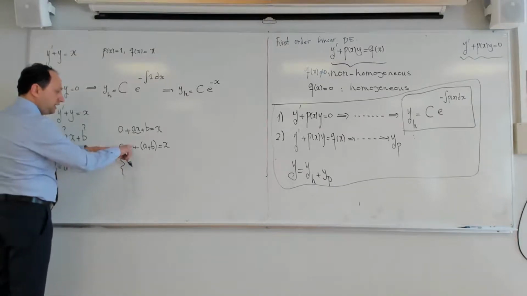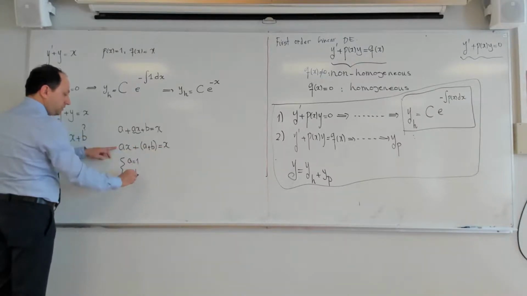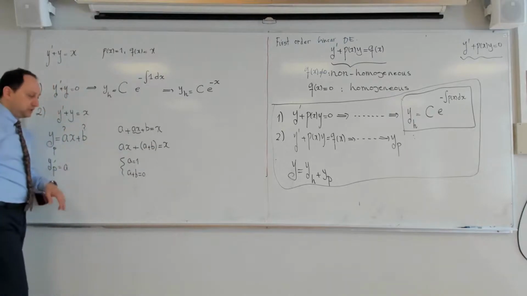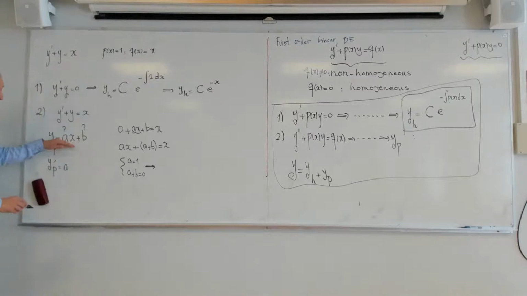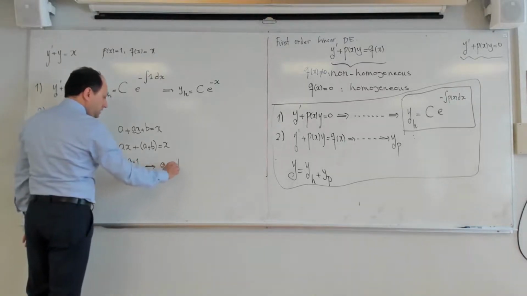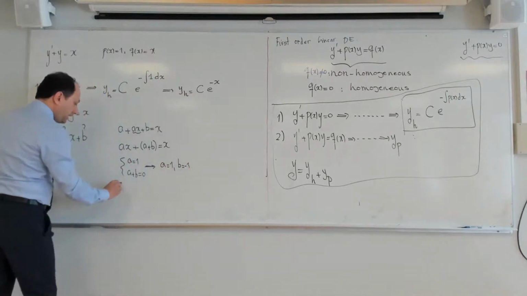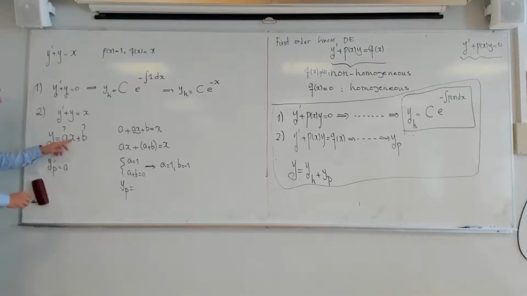The coefficient of x should be equal to the coefficient of x. The constant term should be equal to the constant term on the right, but the constant term on the right is 0. So you see, there is no guesswork involved except the general form. I guessed the general form, but I didn't guess the details of the general form. I'm calculating those details. So here I get a is equal to 1, b is equal to minus 1. So if I ask you what is y particular, you would say y particular is x minus 1.